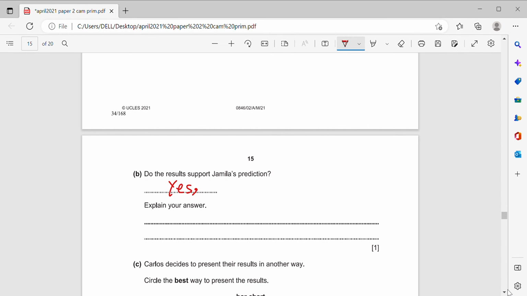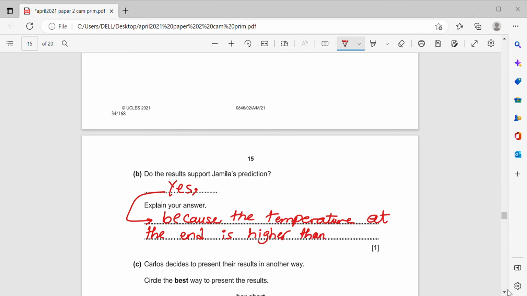Because the temperature at the end is higher than at the starting point. So if I say yes, I say why? Because the temperature at the end is higher than at the start.